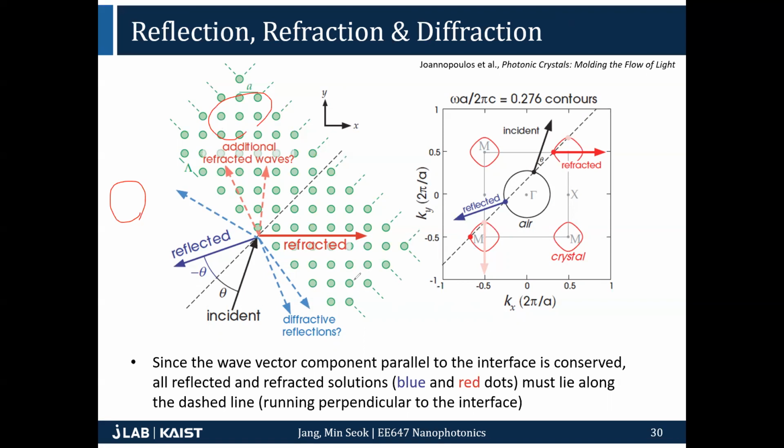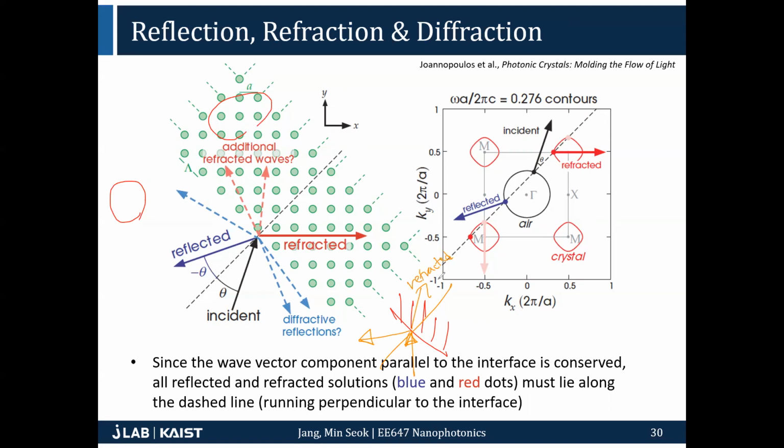So let's imagine what's happening in typical materials. If you have a typical material and you have light impinging, then you have a reflected light and then refracted light.